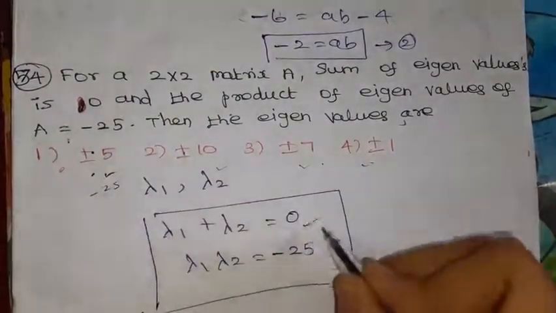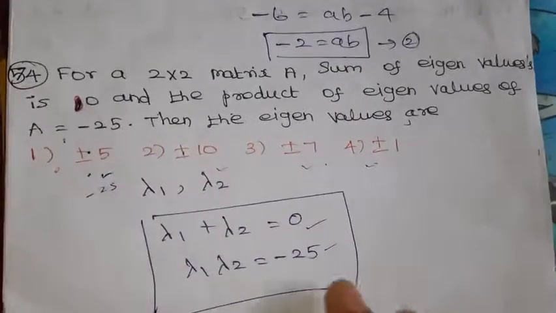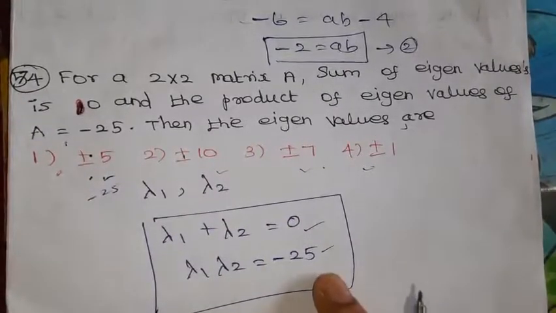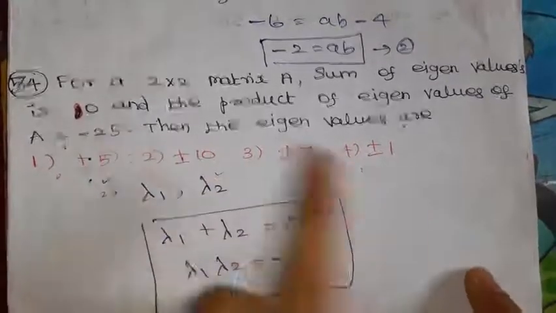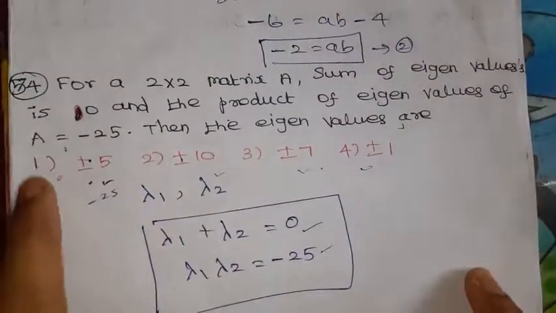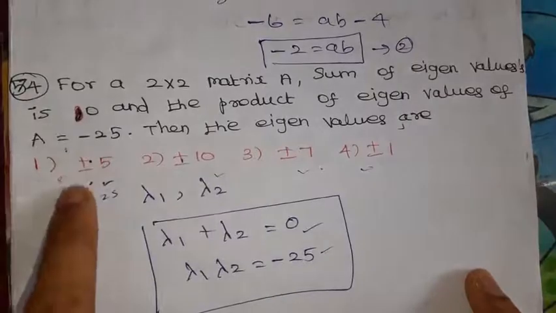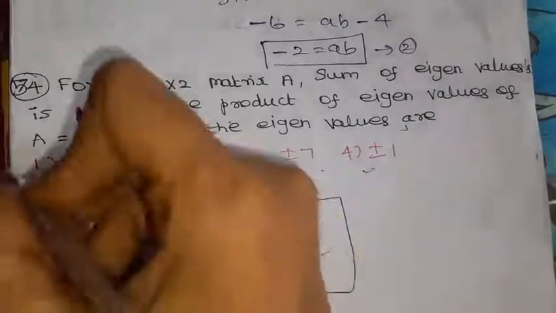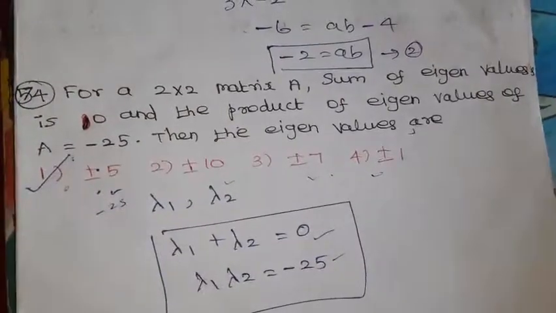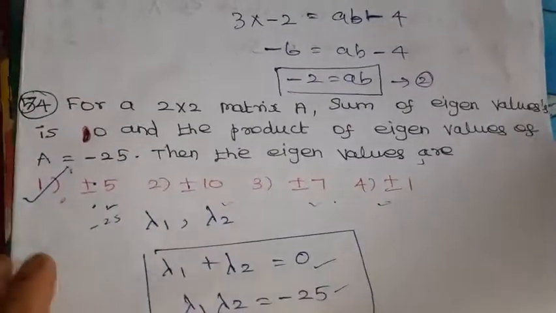Okay, option 1 satisfies these two equations. We'll check the rest of the options. This is minus 1, 0, minus 49, minus 1. So here when we add, we will get 0. When we multiply these two, we are getting minus 25. So option 1 is the right option for this problem, plus or minus 5.